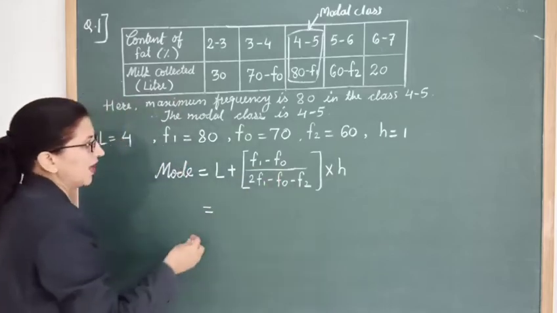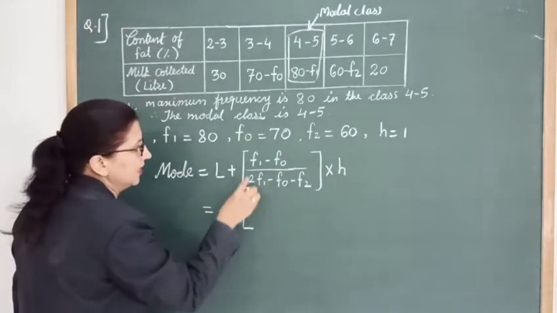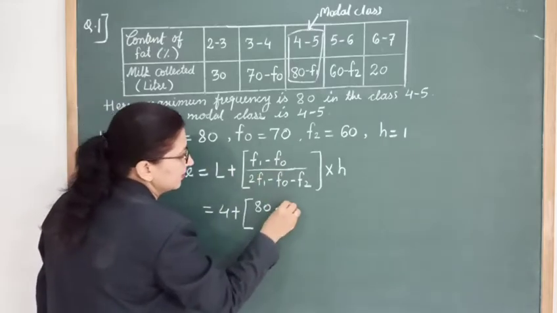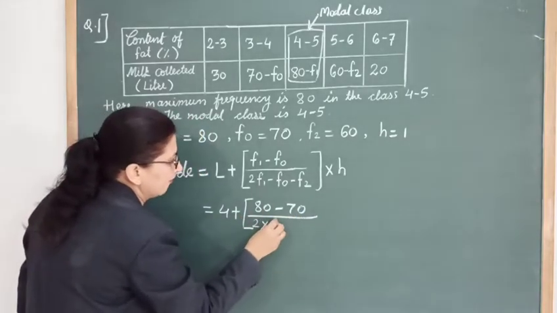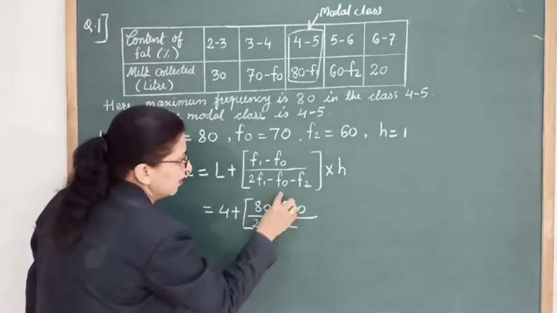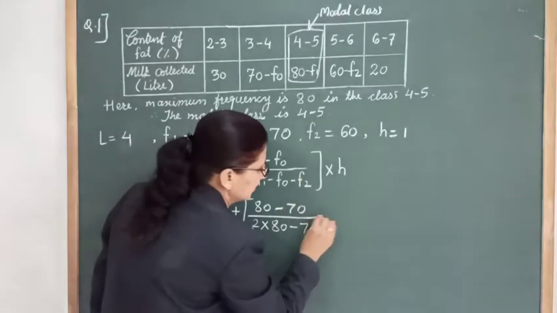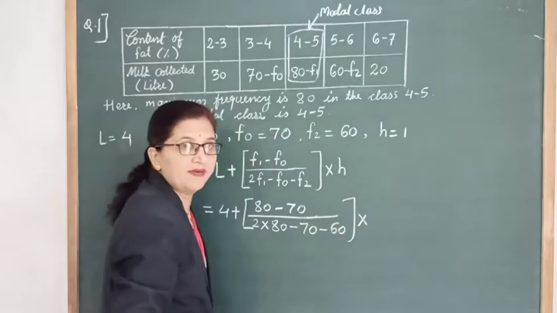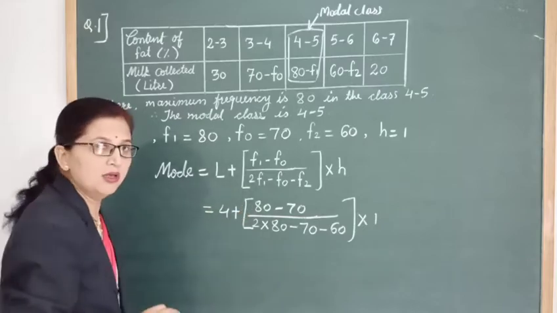Now let's put these values. L is 4 plus, in a bracket, F1 is 80, F0 is 70, upon 2 times F1, which is 80, minus F0, 70, minus F2, 60, multiplied by H. The value of H is 1. In this way we put all the values.